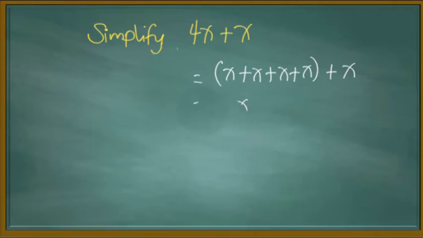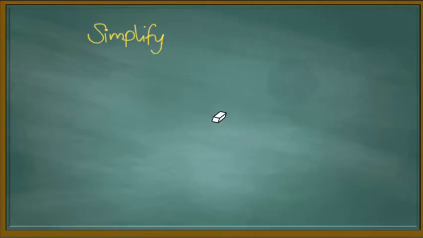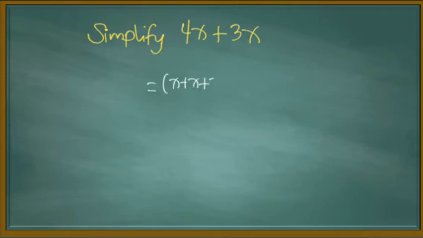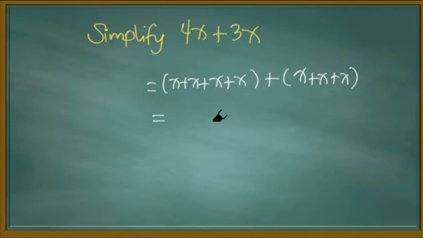In the same manner, if we were to simplify the expression 4x plus 3x, this would be the same as x plus x plus x plus x plus the quantity x plus x plus x. Similarly, there are 1, 2, 3, 4, 5, 6, 7 x's there, so we have 7x.